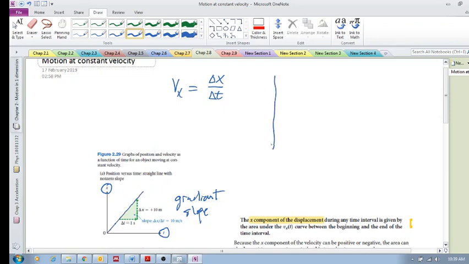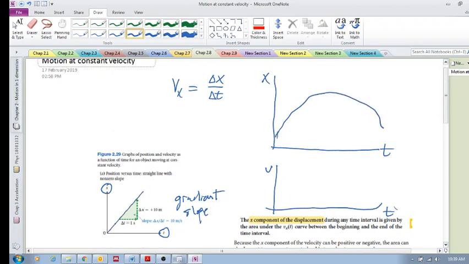So if we've got, say, a position time curve here, and we want to draw a velocity time curve, say now we have something that looks like this, say that's your position, then how would you draw the velocity time curve? Well, let's pick this point and find the slope there.